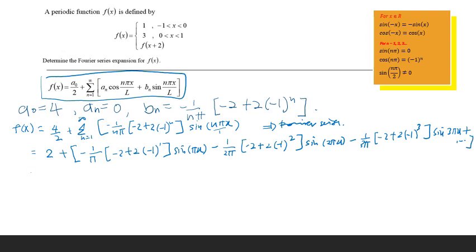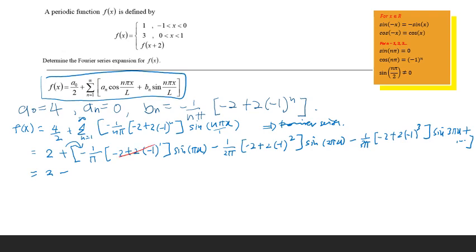Simplify this one. We get 2. Open the bracket here, we have plus minus, so we get minus here, negative 2. We simplify the bracket first. So negative 2 plus minus, we get minus 2.